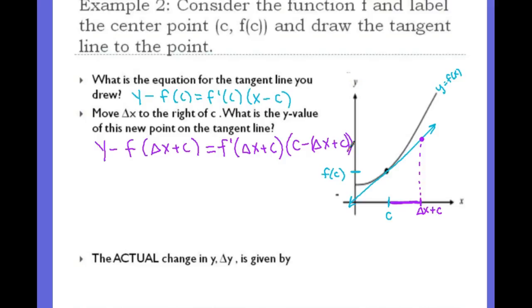So your C's will cancel, and you end up with y minus f of delta x plus c equals negative f prime of delta x plus c times delta x.